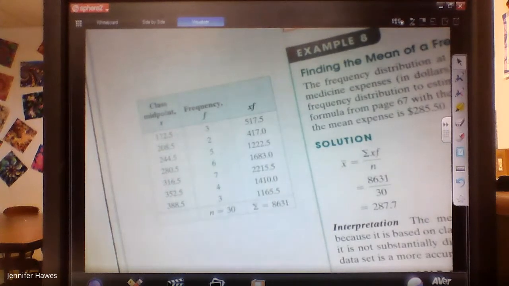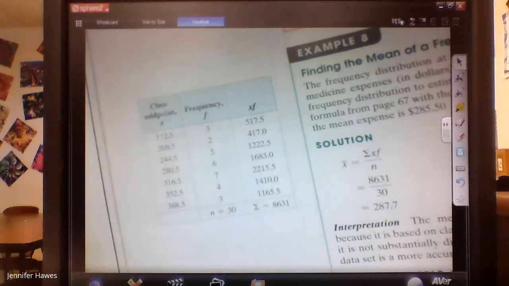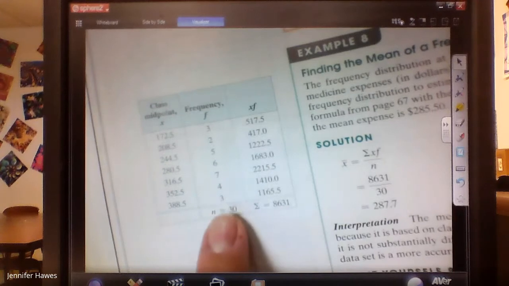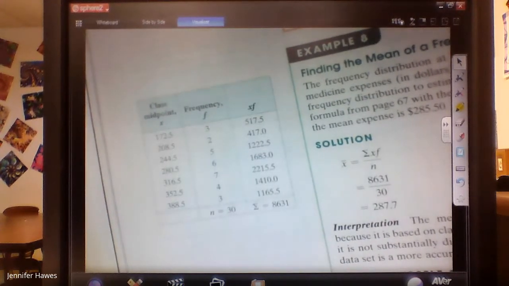If it's a survey and you ask 30 people, you already know what N is. You just don't have these things broken down, like 3 people landed in this range, 2 people landed in this range. But from the beginning you should know, because it says in here, medical expenses for 30 US adults. You just have to make sure that column adds up to 30. Otherwise, you can't count tallies.